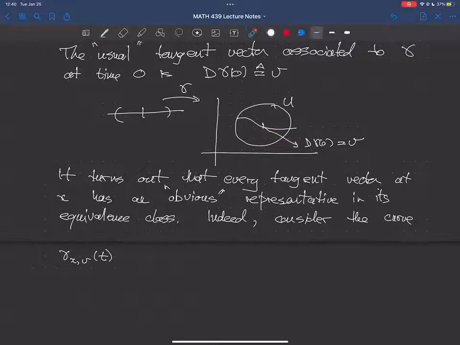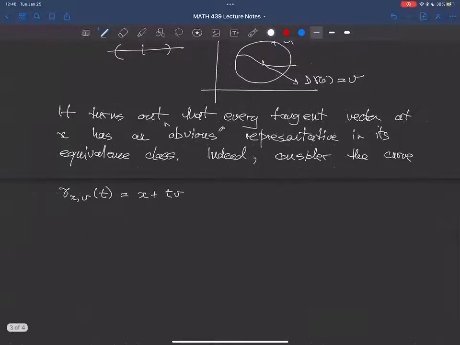And so like I said, there's an obvious choice of such a thing, and it's simply x plus t v. That simply is the straight line curve, and that has a tangent vector here, v.